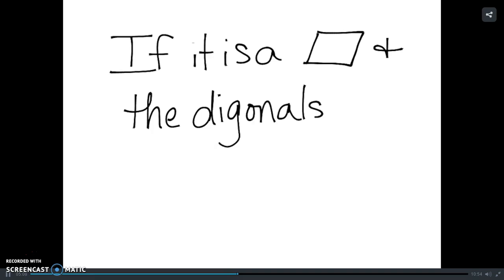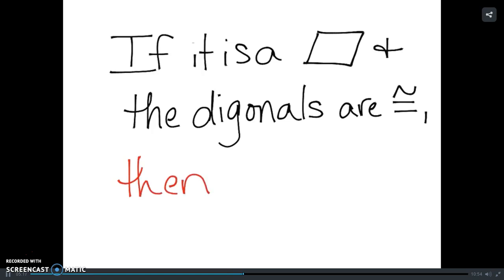We just talked about how you could check that. Okay. Then, so this is what we're going to know. So the if is what we have to check. The then is what we're going to know. Then it is a rectangle.